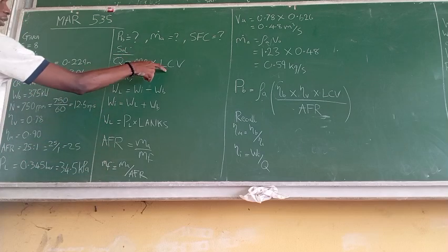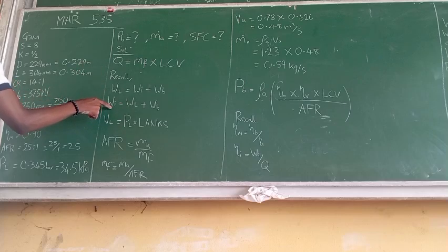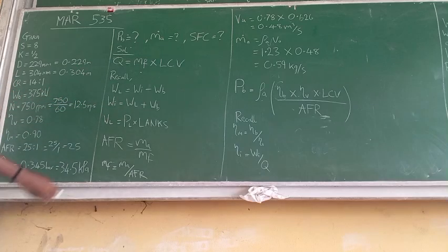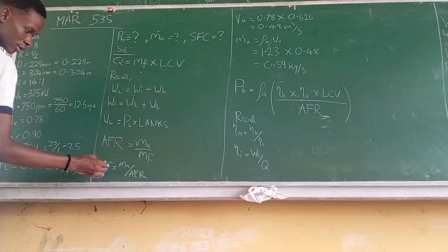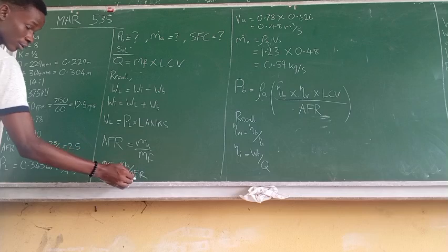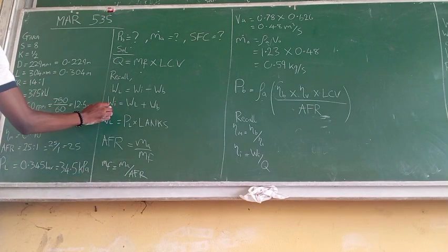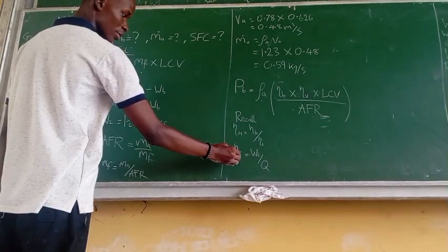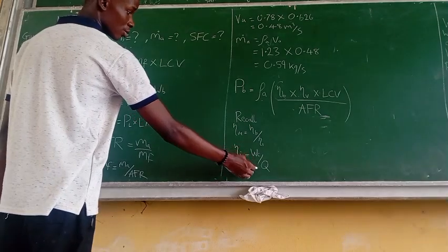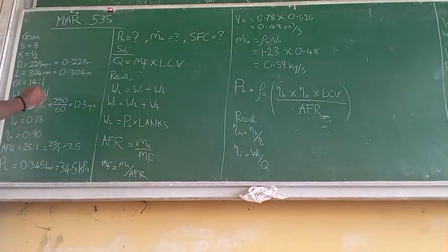We have MF, we have LCV, we will find our Q. We've already gotten our indicated power. How did you get MF? F4 ratio is equal to MA over MF, so MF is equal to MA divided by F4 ratio. Now we have our indicated power, we've gotten our Q. We get our indicated thermal efficiency, indicated power over Q. You put that into here, your mechanical efficiency, which you have from the question here, 0.9, and the indicated thermal efficiency you've just found.